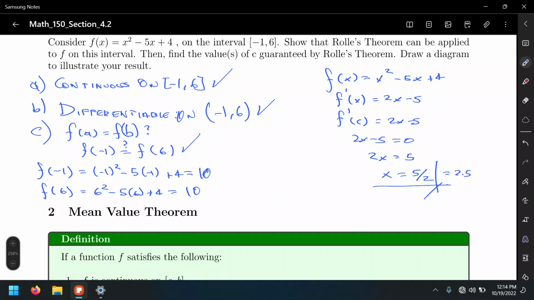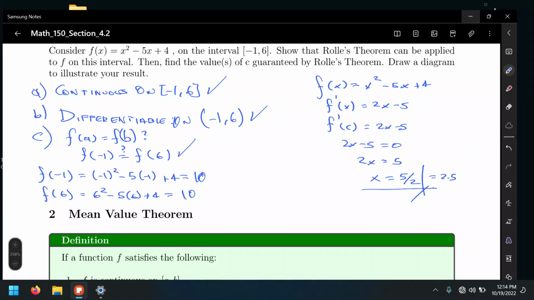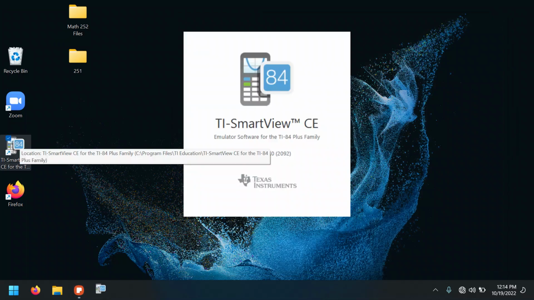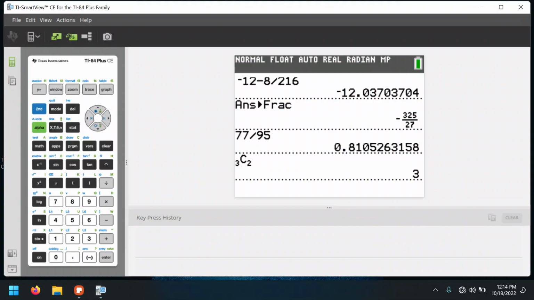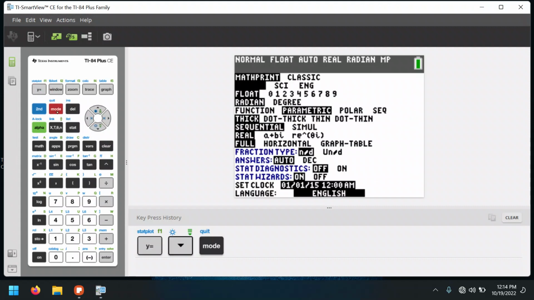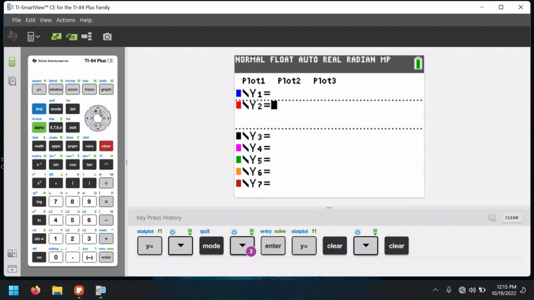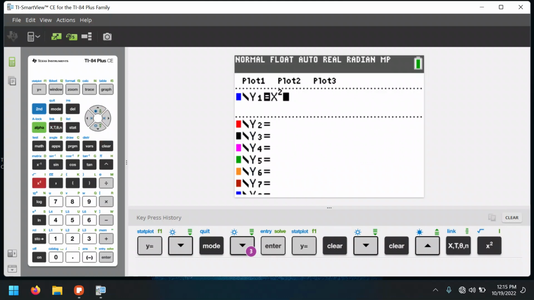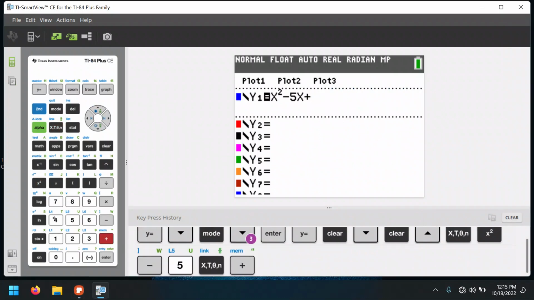So let's look at the graph to verify our result and make sense of it. Let me go to the graphing calculator. Function mode, clear, and that's x squared minus 5x plus 4.